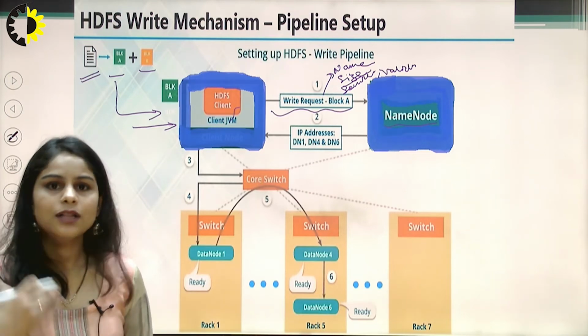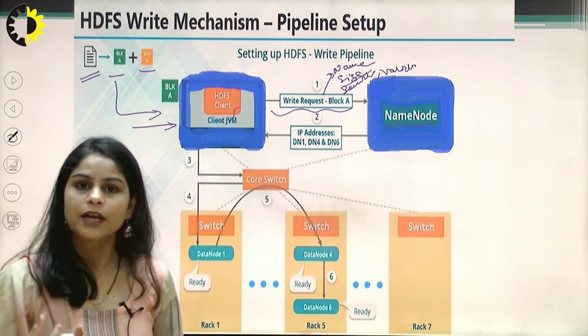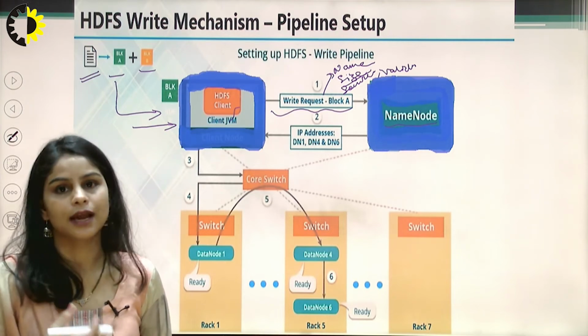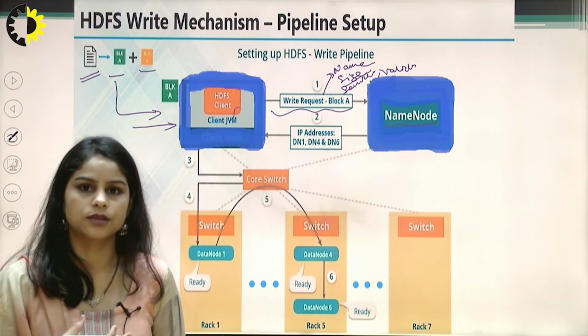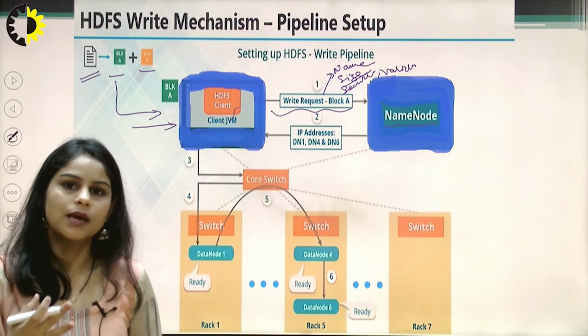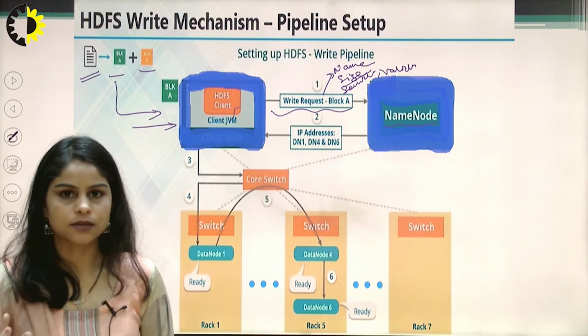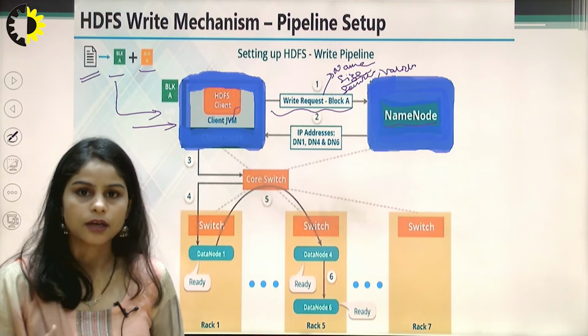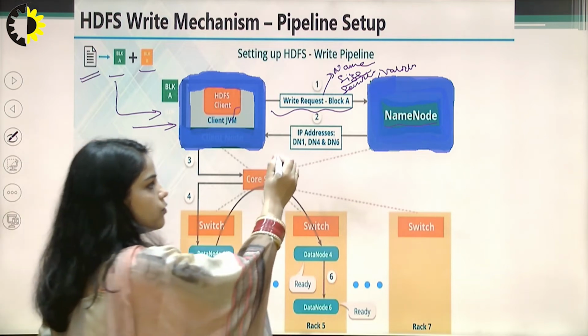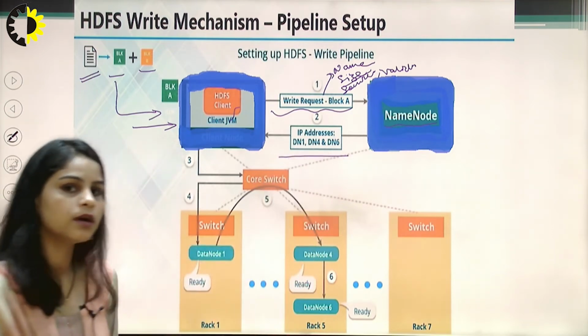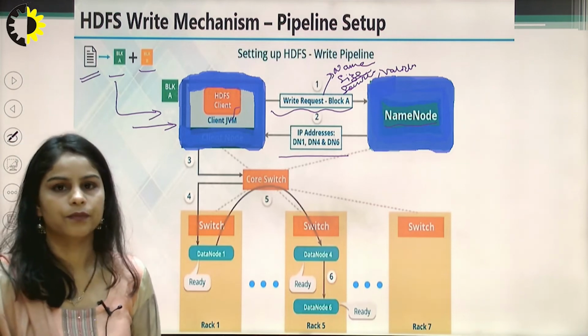Right? All this information will be identified by the name node before giving this address to the client. Once name node identifies all these scenarios, it will send you the address of the data nodes where you can keep the data block.